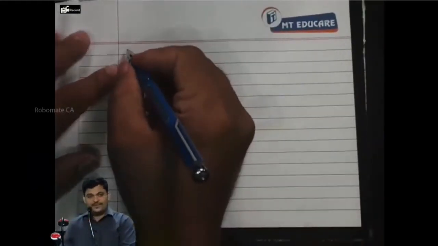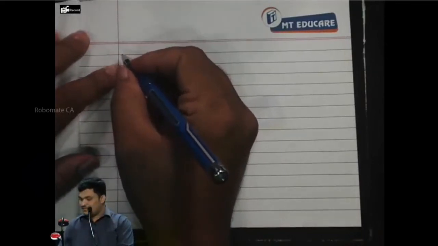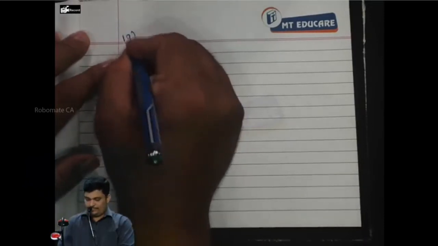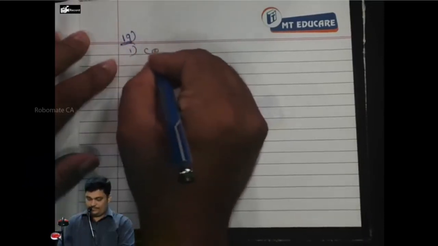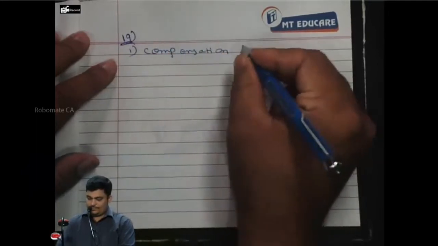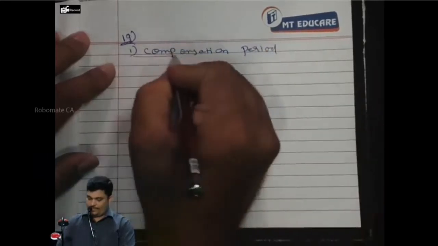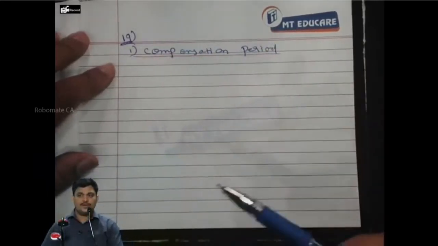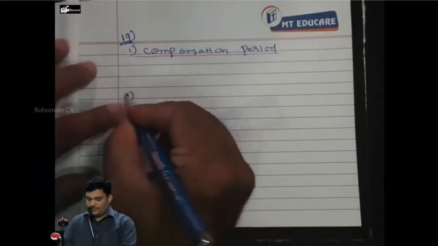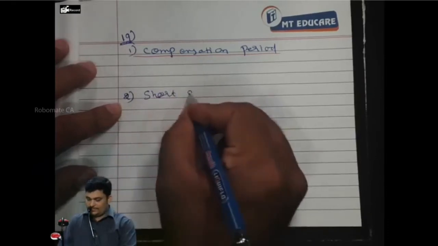Question number 19. Step number 1, compensation period remains the same. Step 2, short sales.